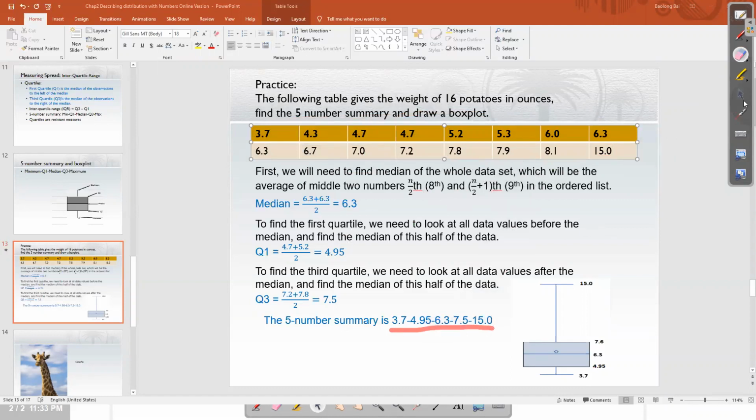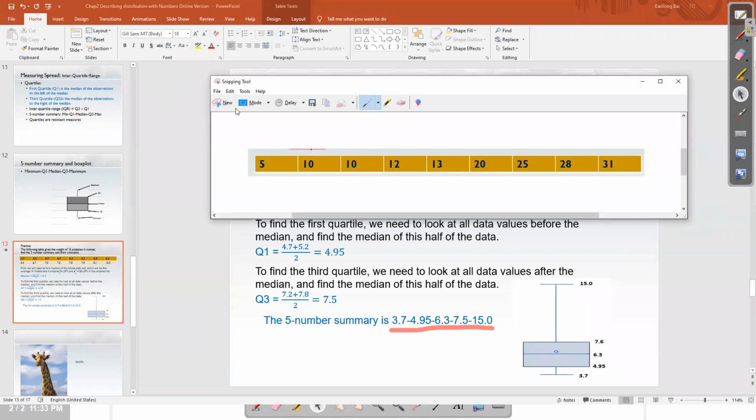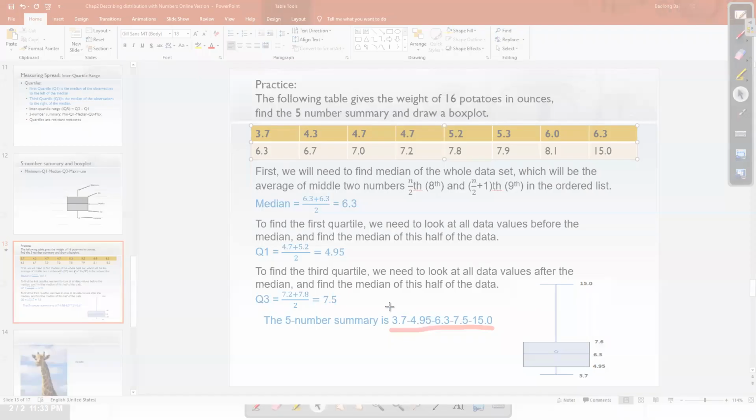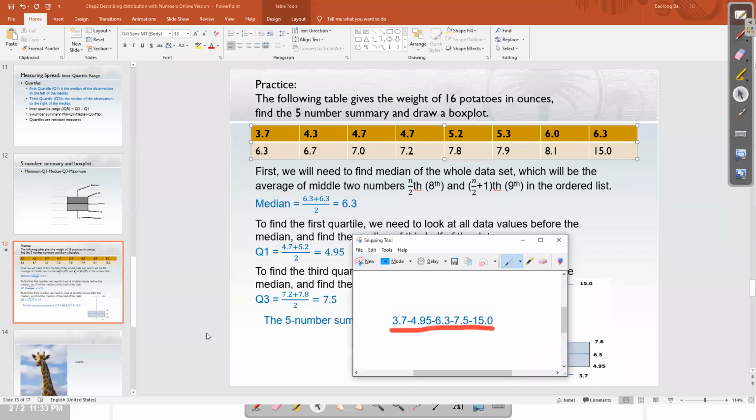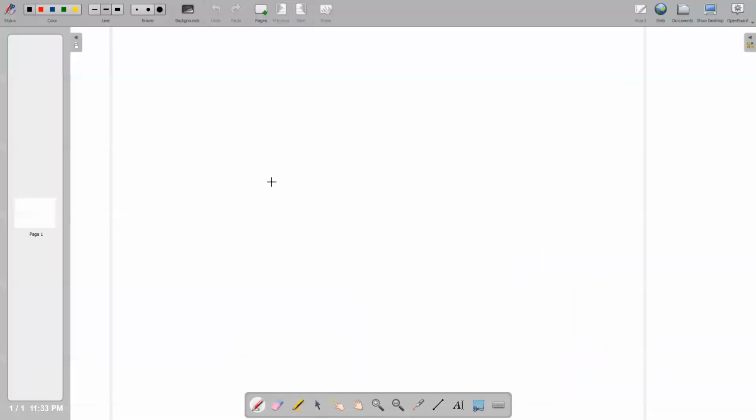Then from the 5-number summary, we can draw a box plot like this. I'm going to show you very quickly how we draw a box plot. Let's get the 5-number summary copied, and then we're going to draw it in here. To draw a box plot, we need to make axes.